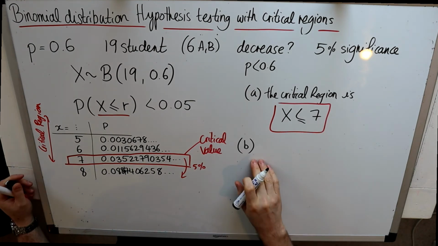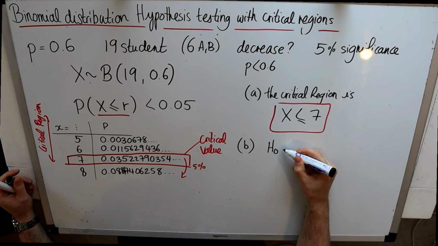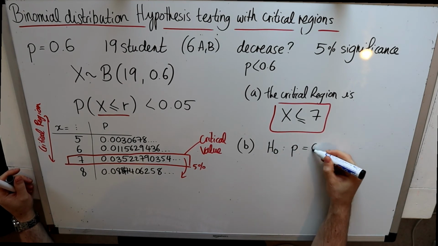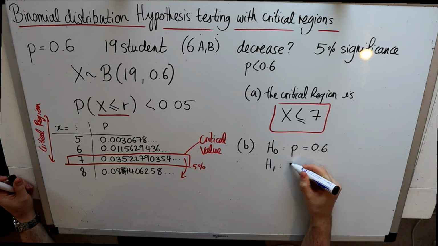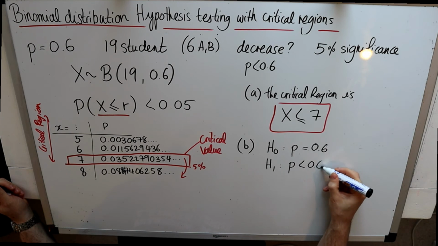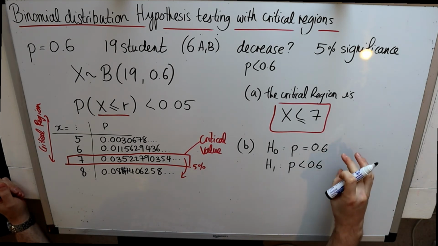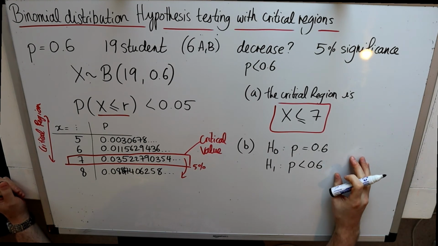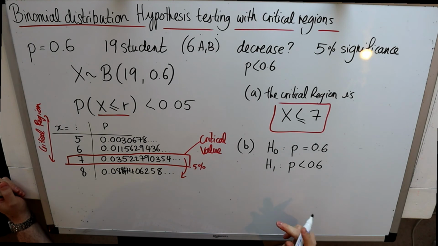And this is where B, we're doing the hypothesis test, so the first thing we need to do is say our null hypothesis is that nothing is wrong and the probability is actually 0.6, and our alternate hypothesis is that maybe the head of sciences was right and that there's actually a smaller than 0.6 probability that people pass. So now that we've set these out, all I need to do is compare the 6 I got with my critical region.